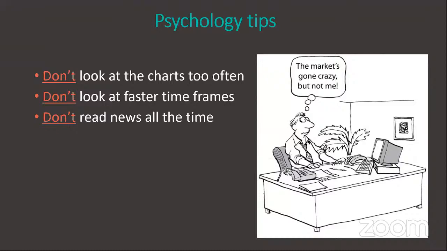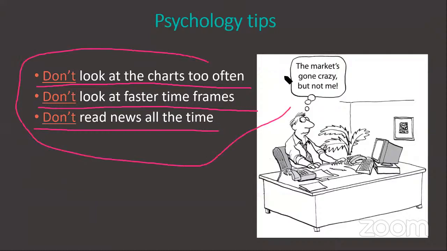Now let me give you a couple of brief psychology tips. First one, don't look at charts too often. Second one, don't look at faster time frames. And third one is don't read news all the time.